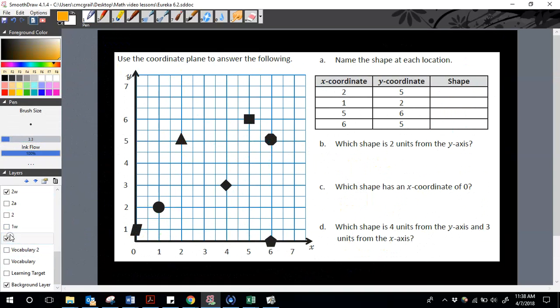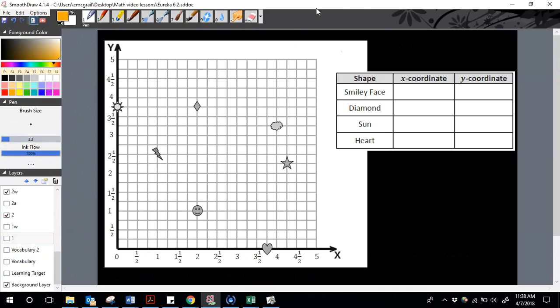Question 2. Let's move on. Now we're doing the same thing, except we are filling in our coordinates based on the shape. So the smiley face, I need to find the smiley face, and here it is.